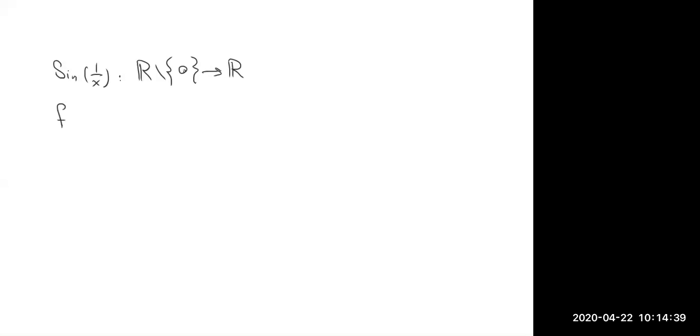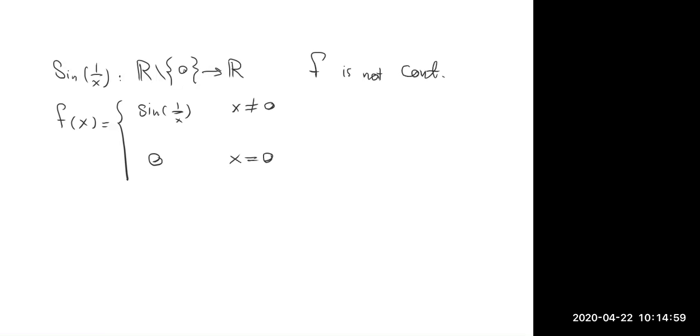But if I define f of x to be sine of 1 over x when x is not equal to 0, and 0 when x is 0, this function f is not continuous, because the limit of sine of 1 over x when x goes to 0 does not exist. Therefore, this function f is not continuous.